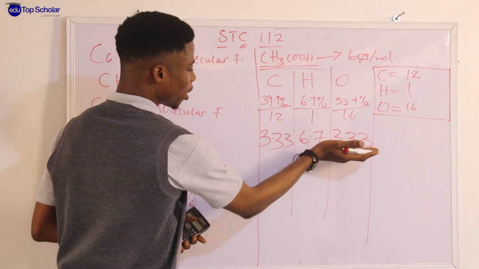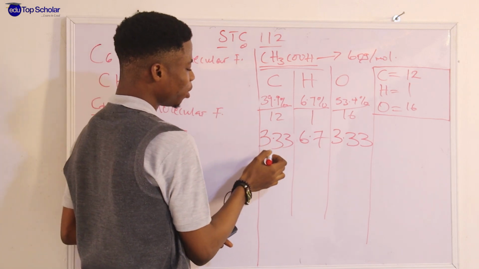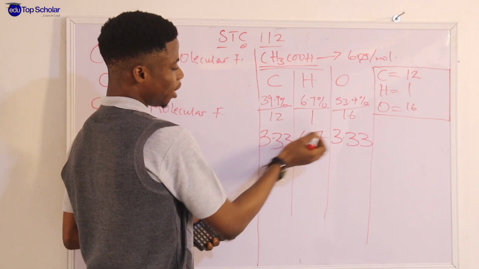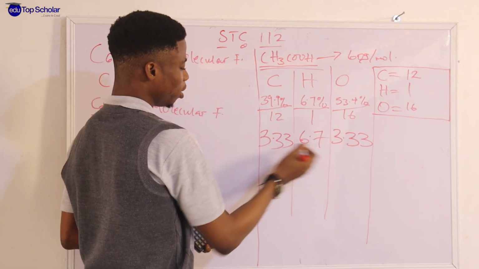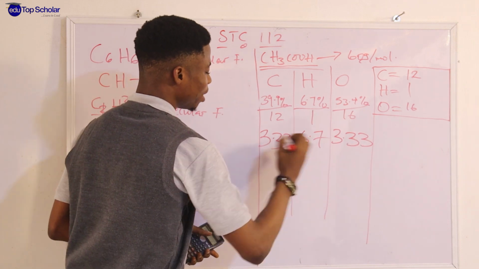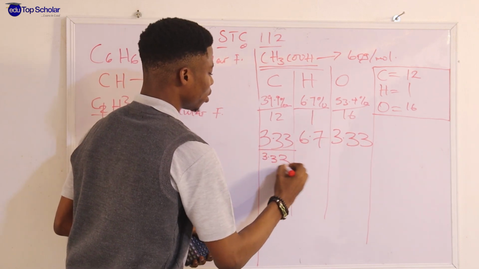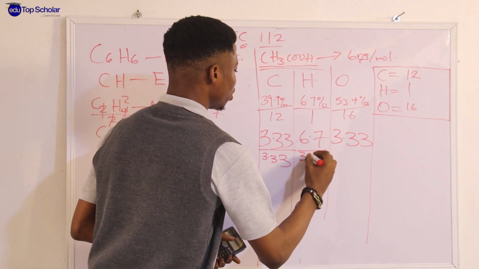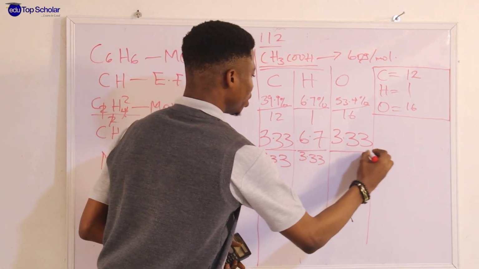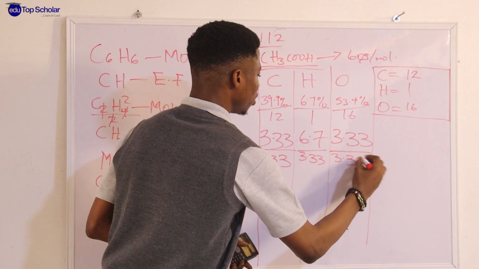Here, if we check, we'll see that the smallest value is 3.33, likewise from these two, 3.33. So you need to divide everything by the smallest. We divide by 3.33, by 3.33, and also here by 3.33.